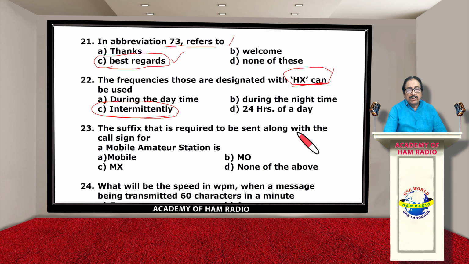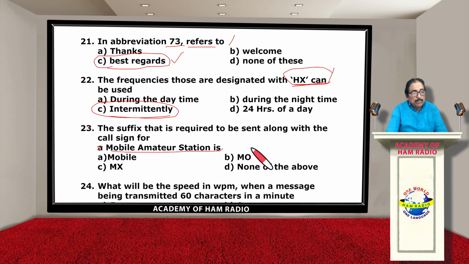The suffix that is required to be sent along with the call sign for a mobile amateur station. This is also part of the question, and it also came in the answer form.